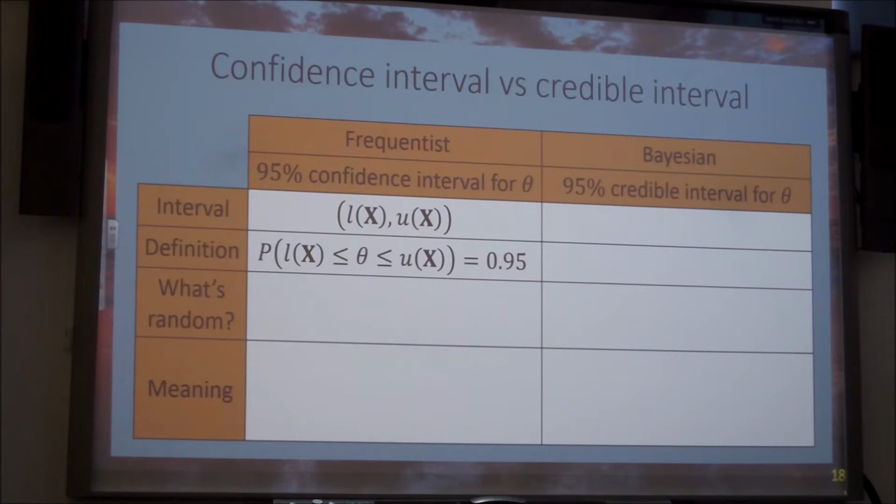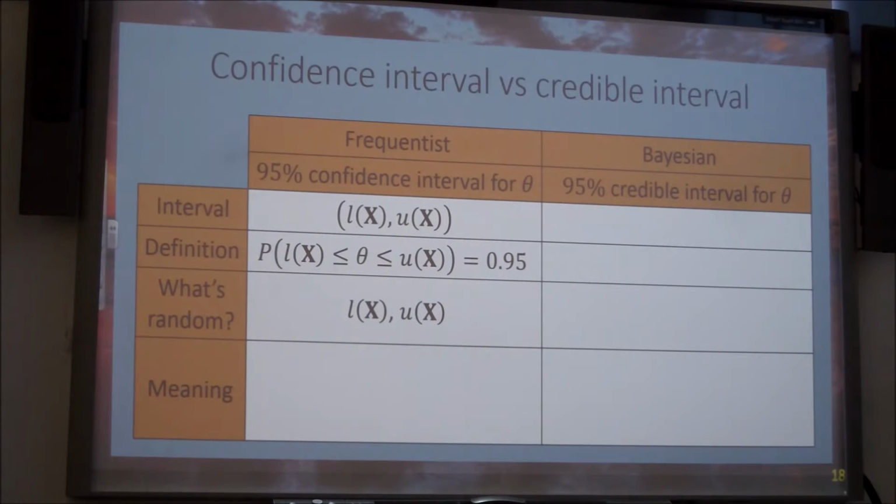And then we define the 95% confidence interval to be that the probability that theta is between L of x and U of x is 0.95. But what is random here is L of x and U of x, because they're functions of random variables. So we need to evaluate this at observed values. So we need to observe some data, and then we can find out what this interval is.